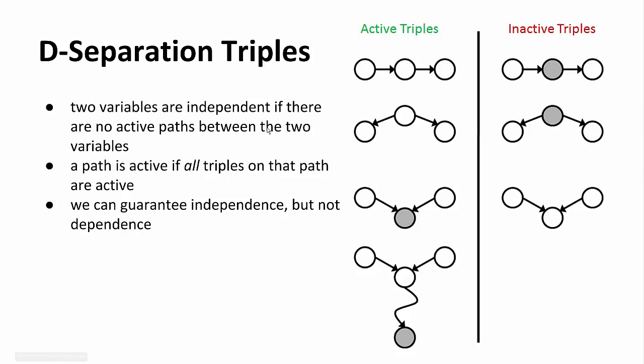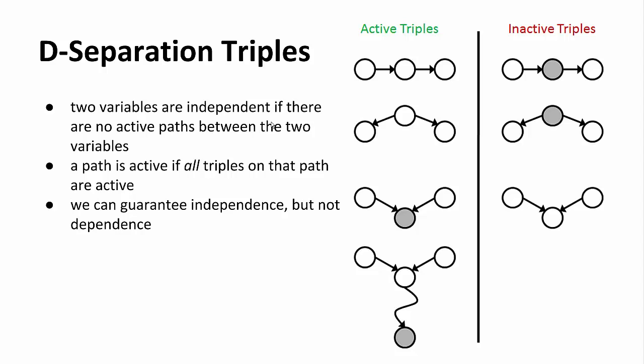How do we use these to tell independence between 2 variables? Basically, 2 variables are independent or conditionally independent if there are no active paths between the 2 variables. What a path consists of is all triples between the 2 variables, and a path is active if all triples on that path are active.